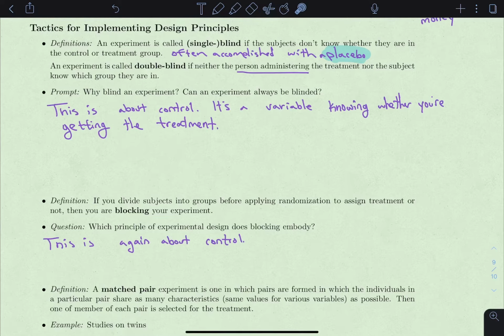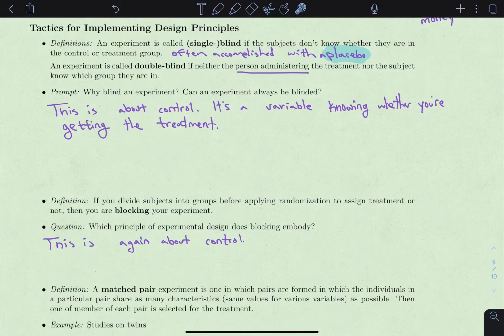And there's an example in the book about even applying a fake incision to make people believe that they got a particular surgery. The effect of knowing whether you're in the treatment or the control group is so great that it's worth really trying to fake it for the subjects.